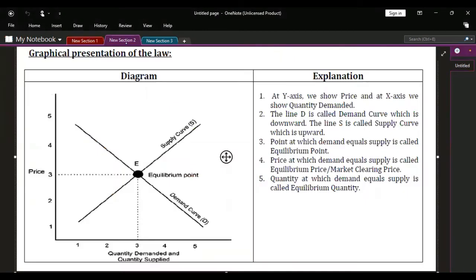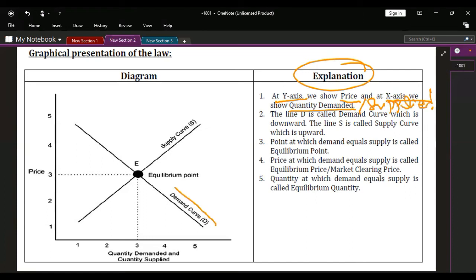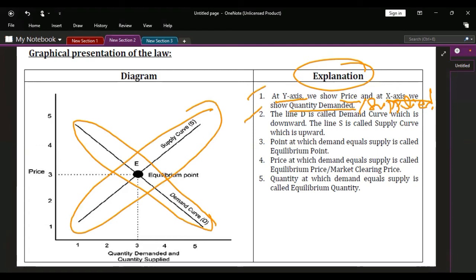So let's explain this diagram. On the y-axis we take price, and on the x-axis we take quantity demanded and quantity supplied. The line D is the demand curve and the line S is the supply curve. This point is known as the equilibrium point.